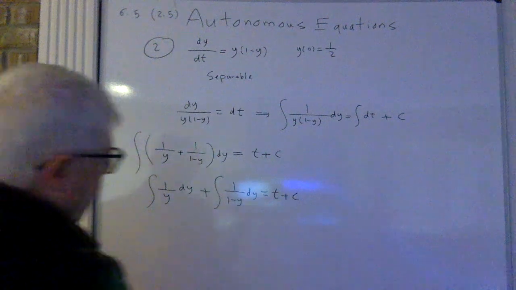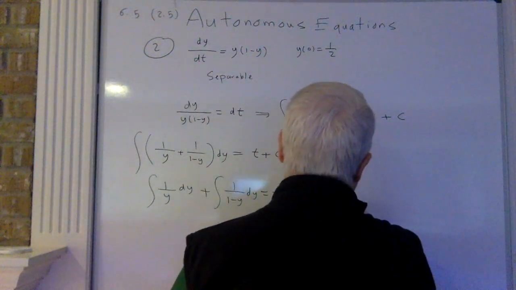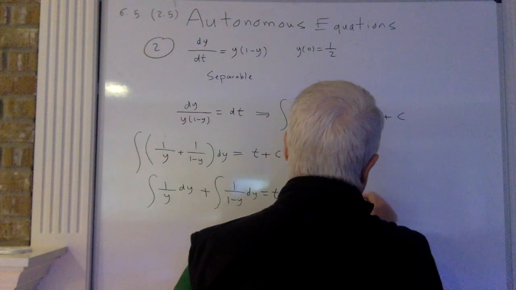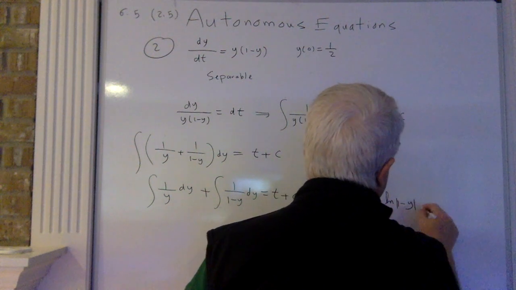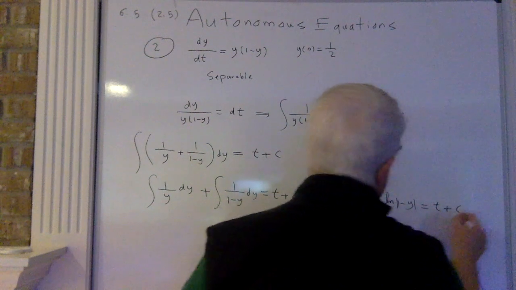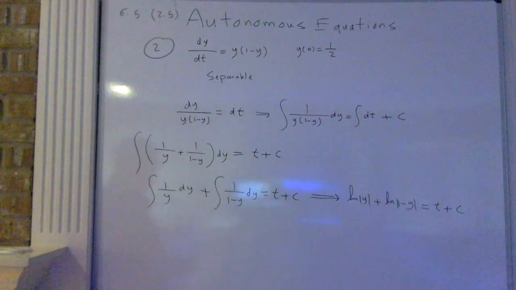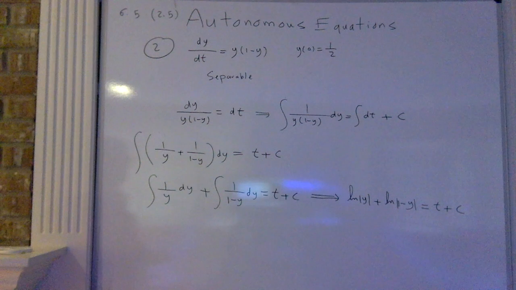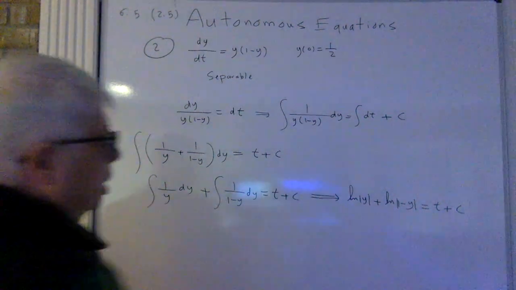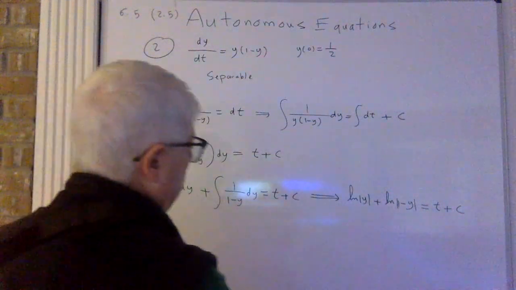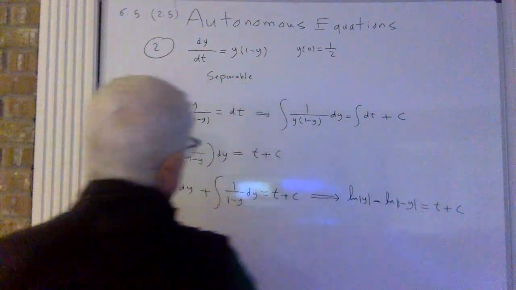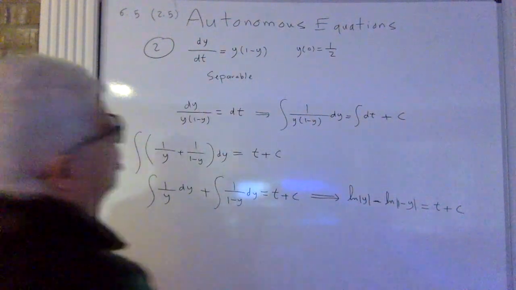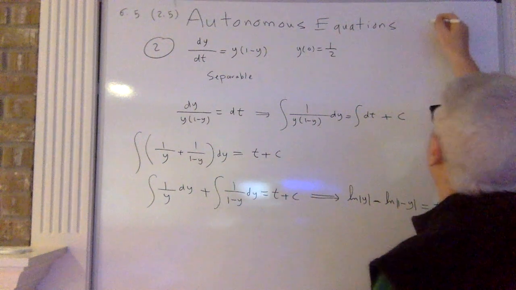And this gives me plus ln of absolute 1 minus y is t plus c. Okay, now this is ln plus ln. Sorry, this one is minus. There's a minus here, so this is minus.